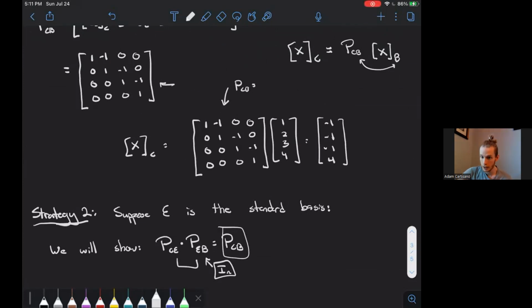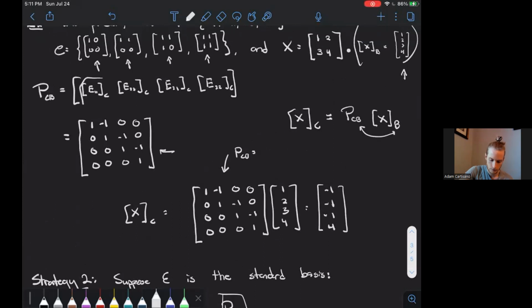We obtained it by writing each of the basis vectors of the identity, the standard basis, with respect to the basis C. That was this matrix exactly, and it was a translation from B to C. We started with basis vectors in B, and we obtained basis vectors in C. And sure enough, this is the change of basis matrix. Its inverse would have been PBC, the change of basis matrix from C back to B. And by the way, all we have to do is take its inverse if we want to go backwards.